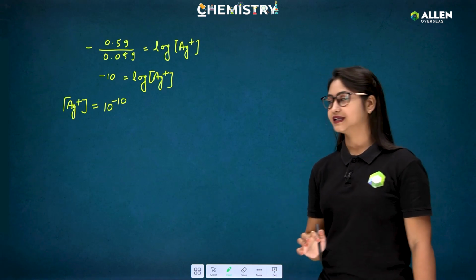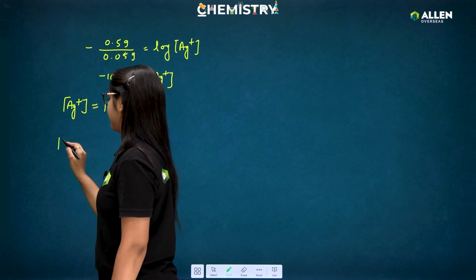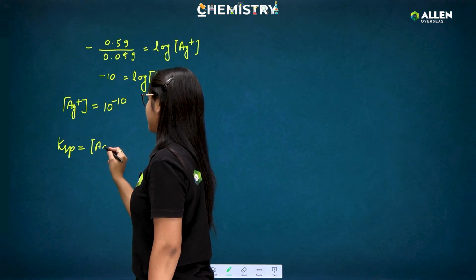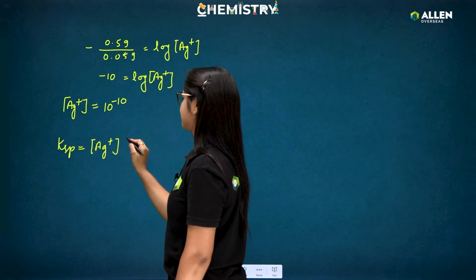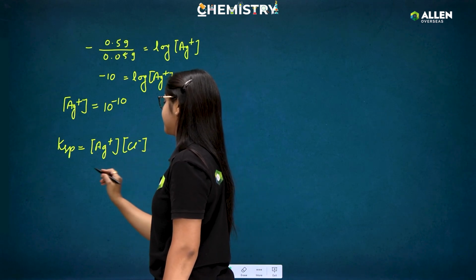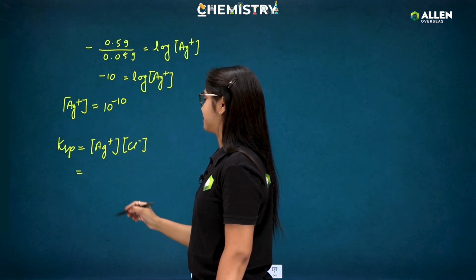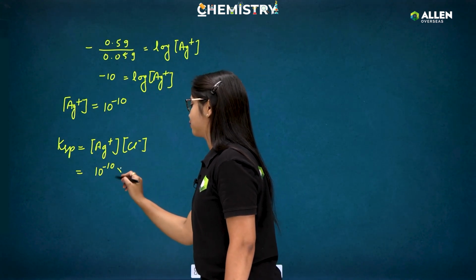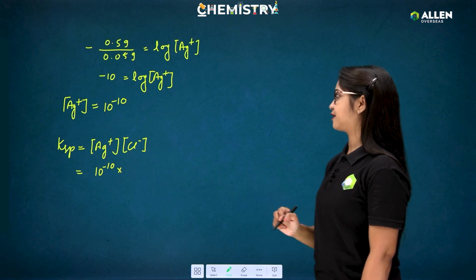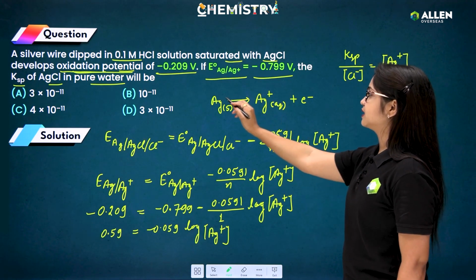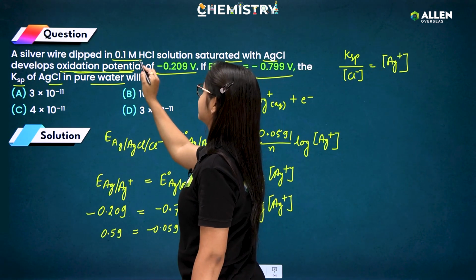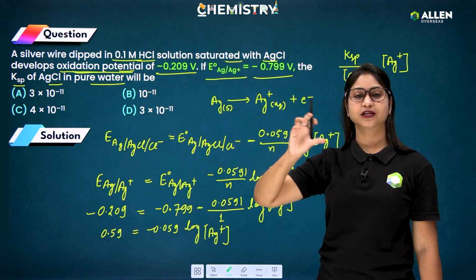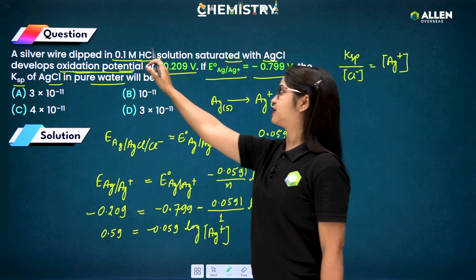Now we have to calculate the Ksp, so now it becomes very simple. Ksp for AgCl is equal to the concentration of Ag plus ion into the concentration of Cl minus ion. The concentration of Ag plus ion that we have got is 10 raised to the power minus 10 molar. The concentration of Cl minus ion will be equal to the concentration of HCl, because all the chloride ions are coming from this HCl.